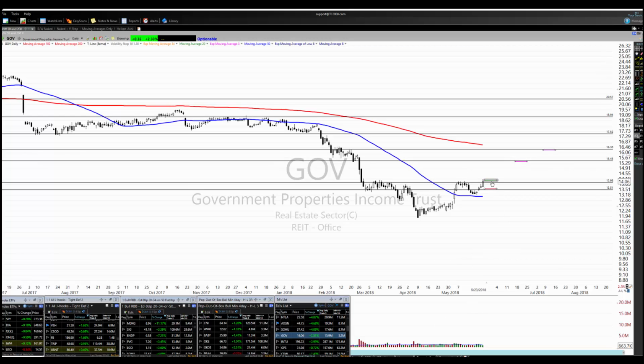So we're looking at an entry here of, let's call it, 1410, with a stop of, what did I say, 1360, and a 1540 first target with a second target of 16 and a quarter.